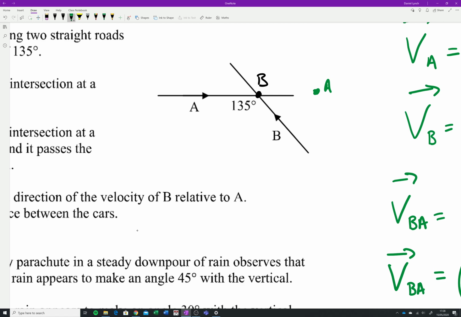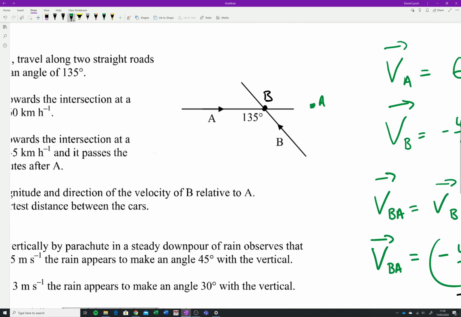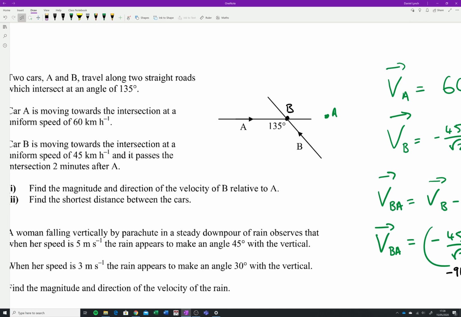So if we have a little think about that, what's A going at? A is going at 60 kilometers per hour. So 2 minutes is 2/60ths, like 2 minutes out of 60 minutes. 2/60ths of 60, so it is going to go 2 kilometers in that 2 minutes. 2 kilometers.